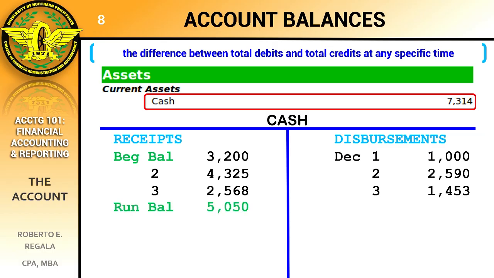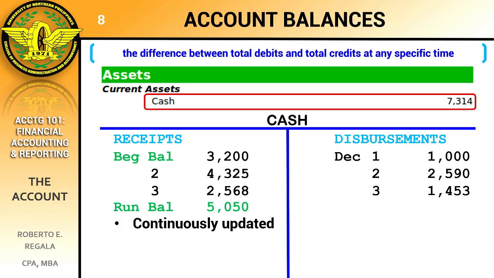Running balance. This is where it gets interesting. It's a constantly updated balance that changes each time a new transaction is recorded. So after each debit or credit, the balance is recalculated, and it reflects the current financial position. The running balance is especially important because it's continuously updated.